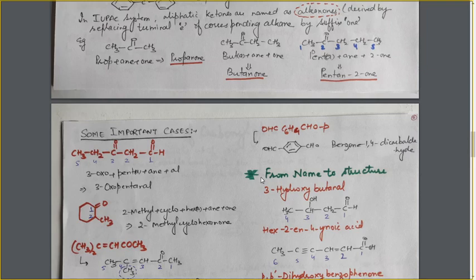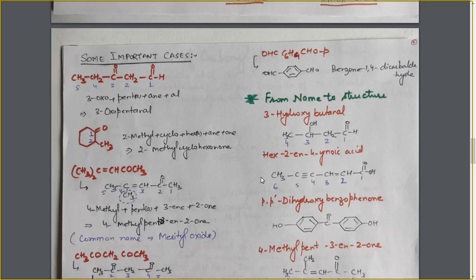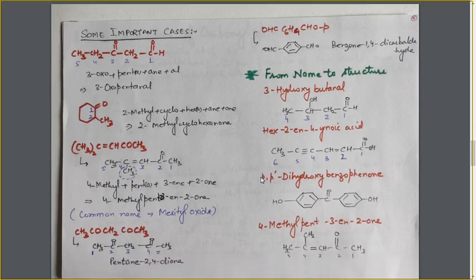Next, a very important part from this chapter. Students, in this chapter, the IUPAC nomenclature is one very important part. It always carries 1 to 2 marks in the board question paper. So the nomenclature is very important from this chapter.